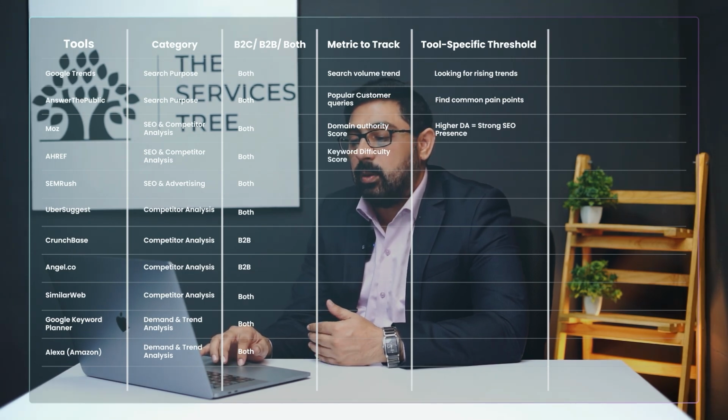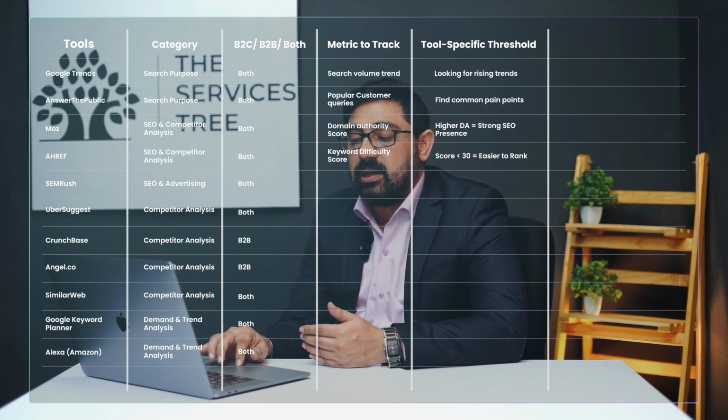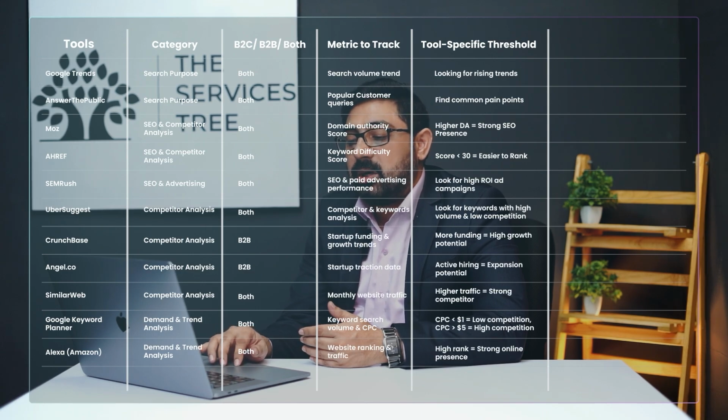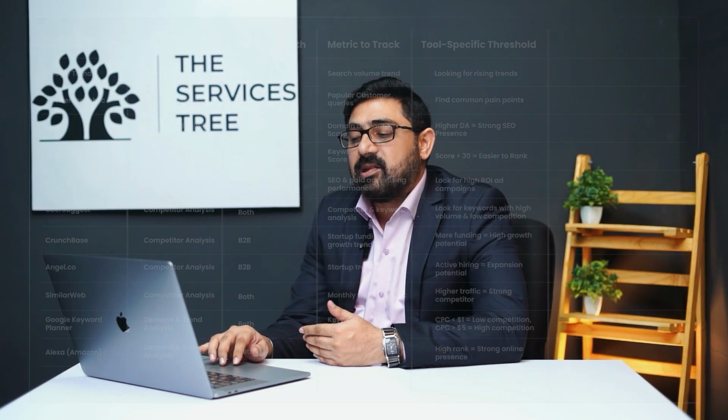This is about the keyword difficulty score, and there is a threshold, like if the score is less than 30, then it's easier to rank. So against each tool, you are just talking about their CPC, their high rank, higher engagement, overall growth engagement, demographic and interest analysis, industry trends, market research and insights, and everything. So it is really not necessary for you to apply all of these tools.